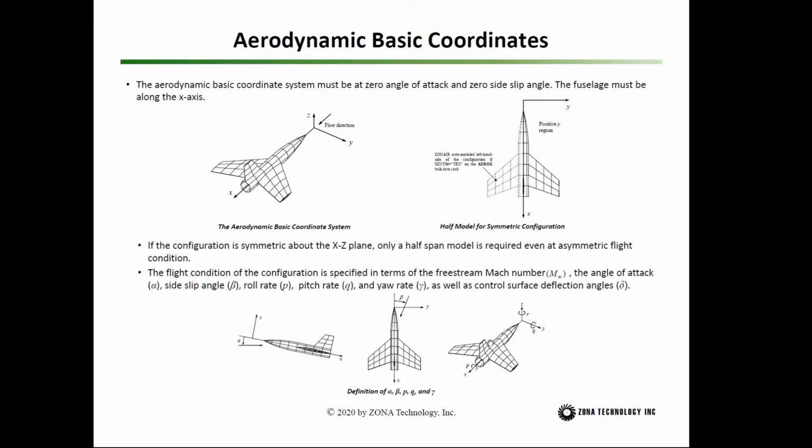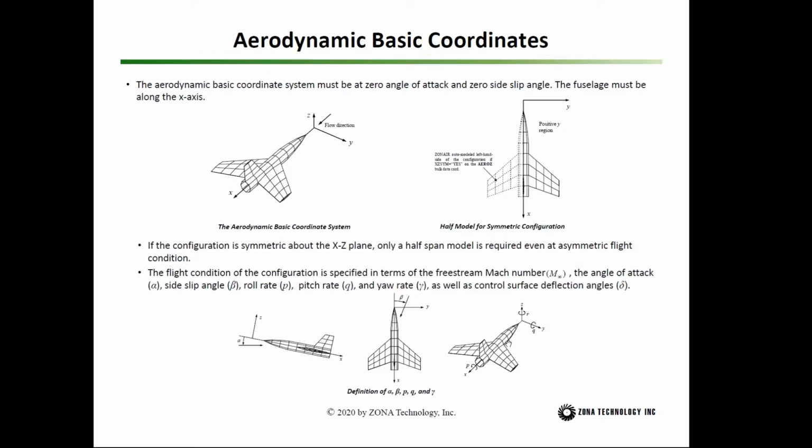So it rotates about the x-axis and rotates about the z-axis. But the flight dynamics people's coordinate has the x-axis going forward and the z-axis going downward. So the sign convention of the roll rate and the yaw rate between ZONAIR and the flight dynamics are opposite. Also the rolling moment and yawing moment computed by ZONAIR have signs opposite from the flight dynamics people.